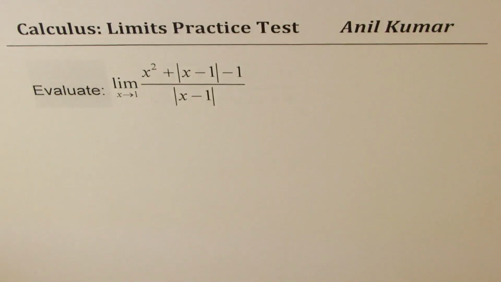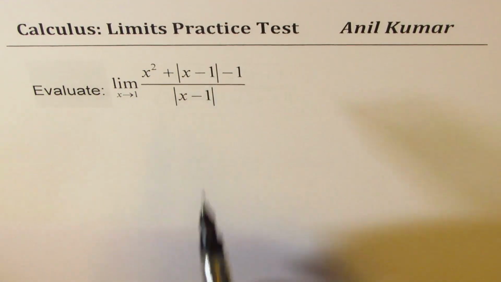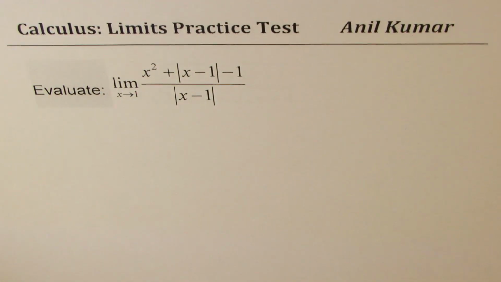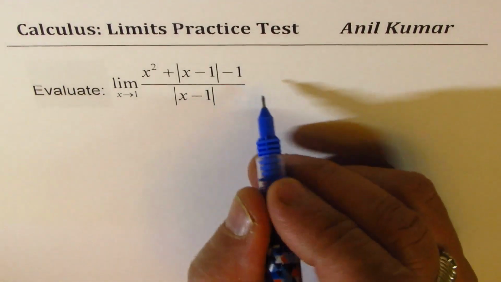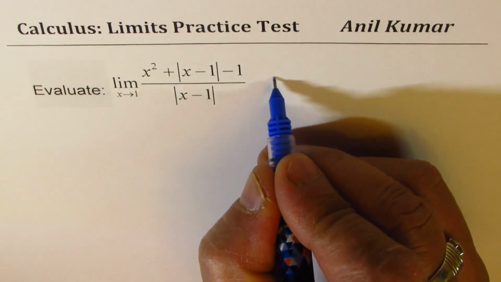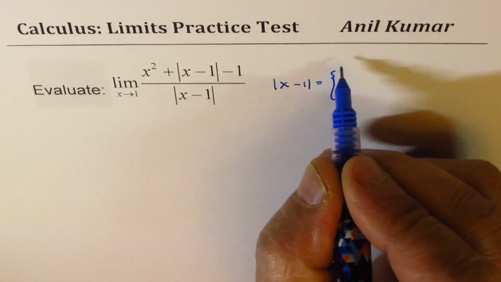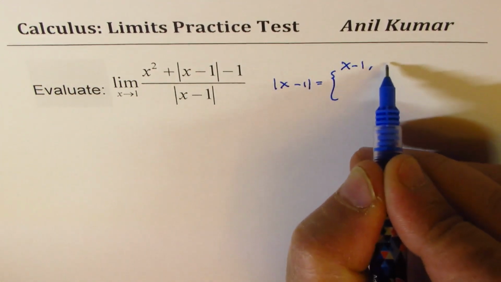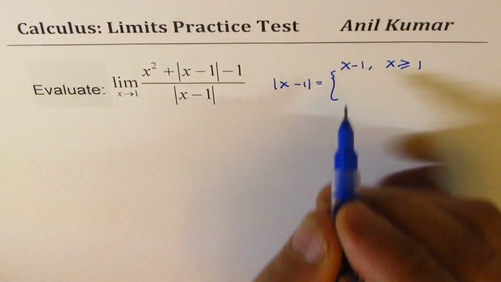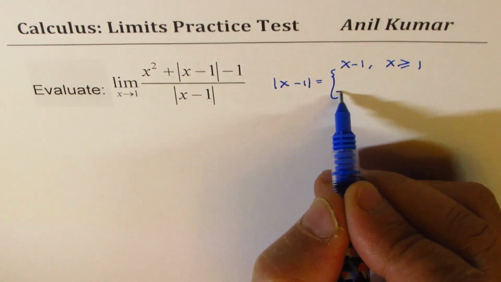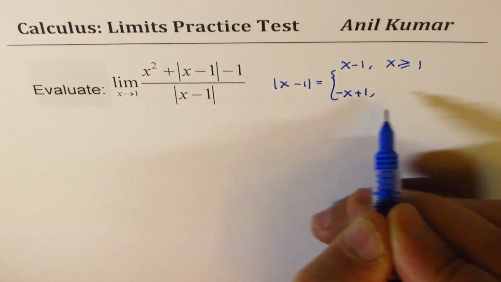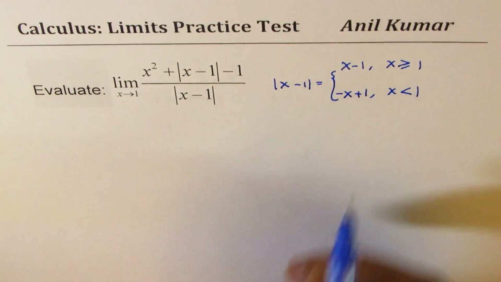So let's take the next example, which has absolute functions in it. Whenever you are working with absolute functions, it should be written as a piecewise function. So the absolute value of x minus 1 is equal to x minus 1 if x is greater than or equal to 1. And it is the negative of this, that is minus x plus 1, when x is less than 1.